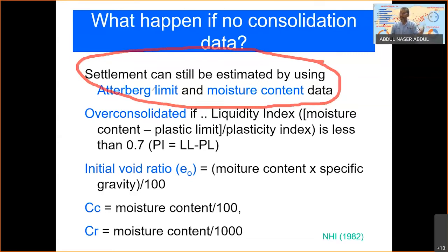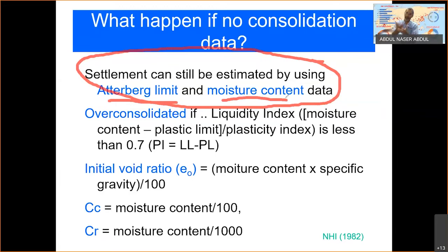Still, you need some data, but a simpler data that can be acquired from a more simple test like Atterberg limit and moisture content. Moisture content is easy, right?